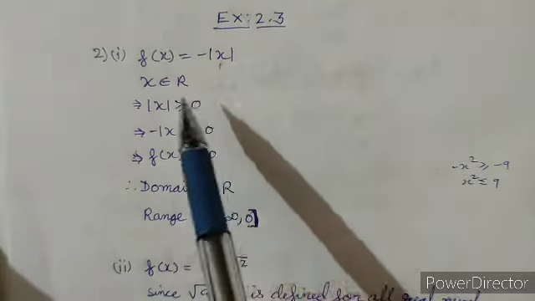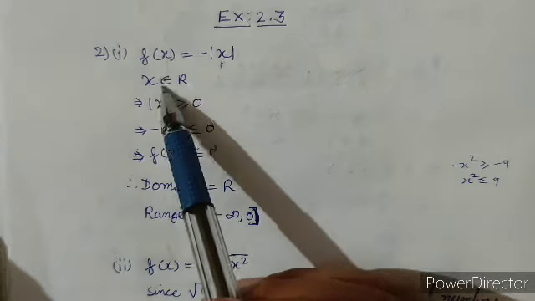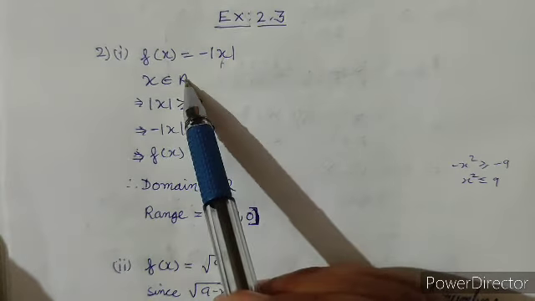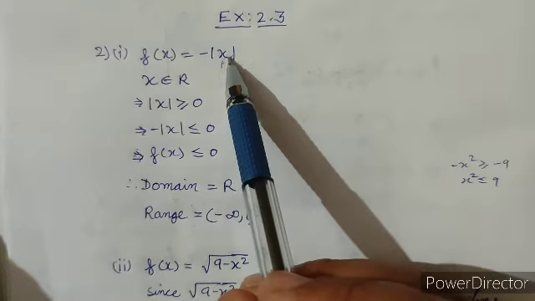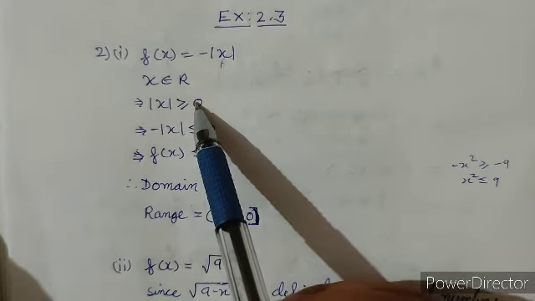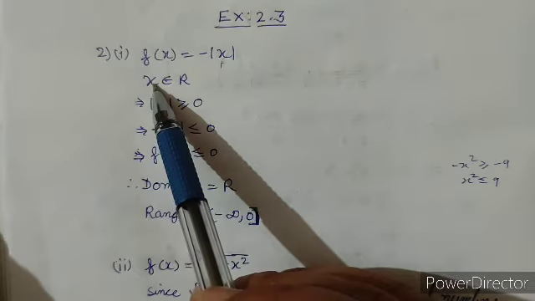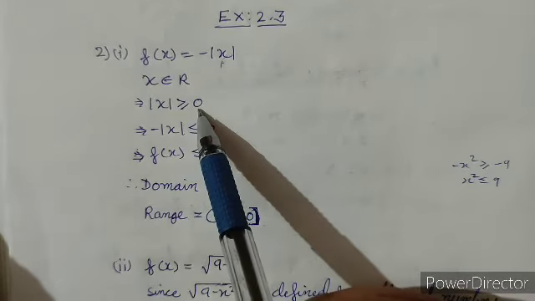So we can say that x belongs to the real numbers. Now if x is a real number, then mod x will be greater than or equal to 0, because the modulus of a real number will always be greater than or equal to 0.